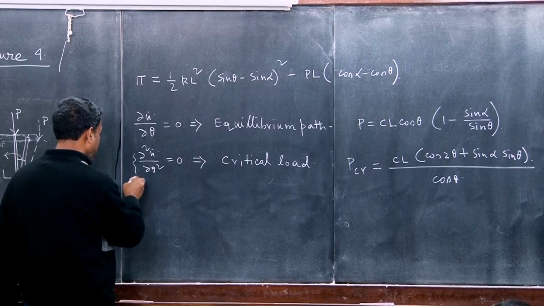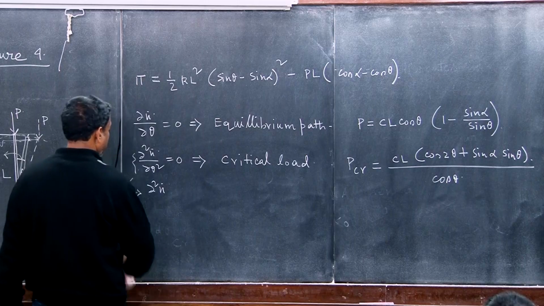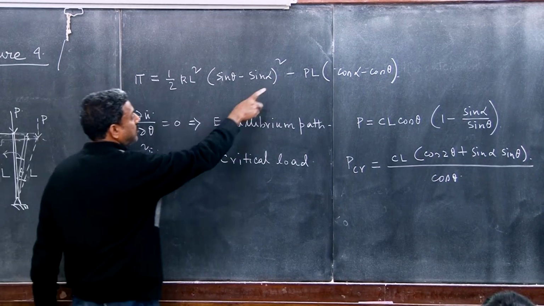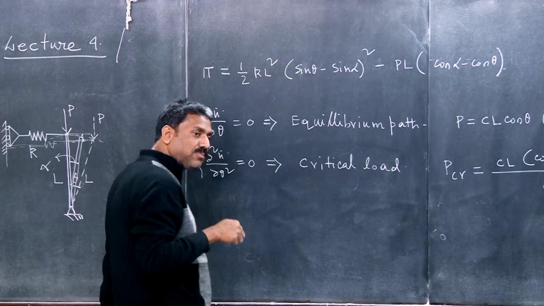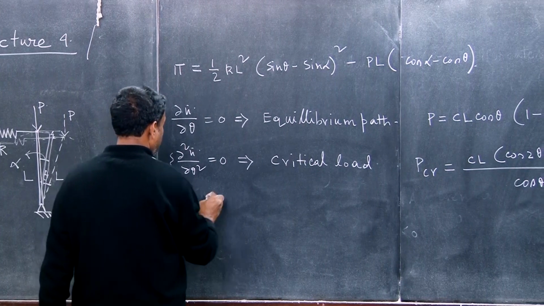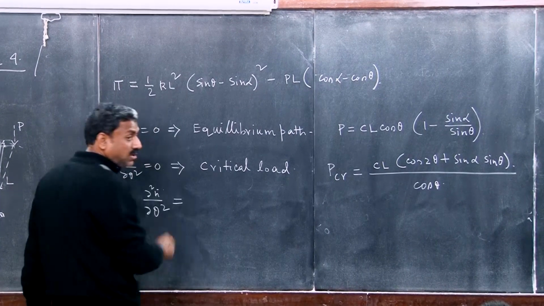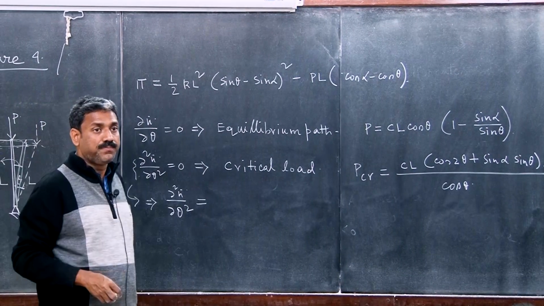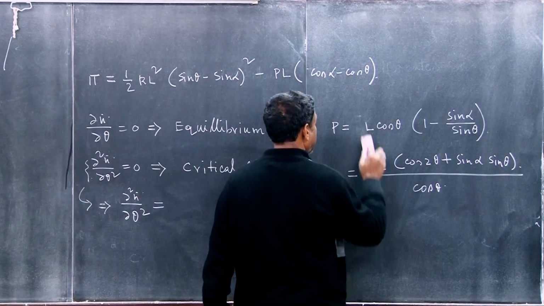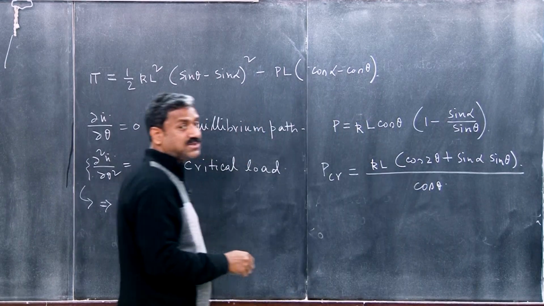Del 2 pi del theta 2 will definitely be in terms of P, but then we must impose the equilibrium on that, so that, the way we did earlier, we get the expression in terms of theta and alpha only, no P. Oh, sorry, it will be K, because it is not a rotational spring but a translational spring, K being the stiffness of the spring.